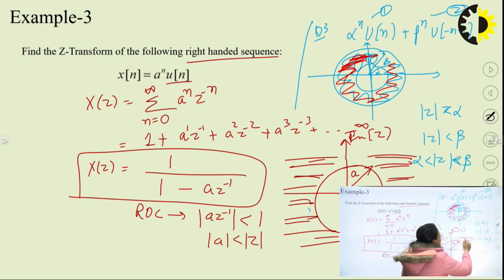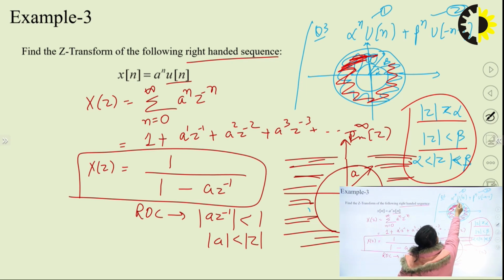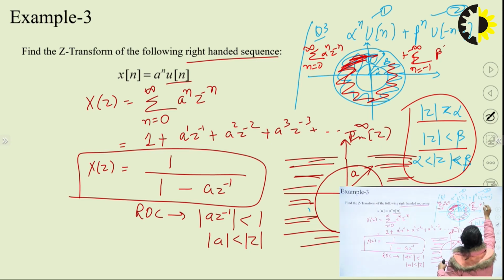Once you solve these two sequences, you will get the ROC like this, and you can simply solve it with the formula. For the first, the summation will be from n equals 0 to infinity of alpha^n z^(-n), and for the second sequence the summation will be from n equals minus 1 to minus infinity of beta^n z^(-n).